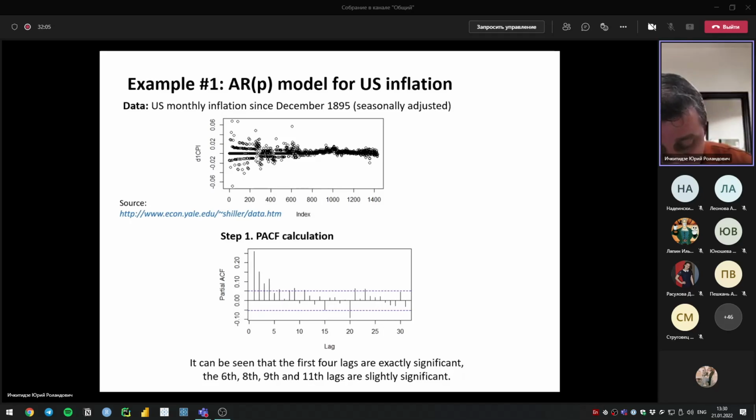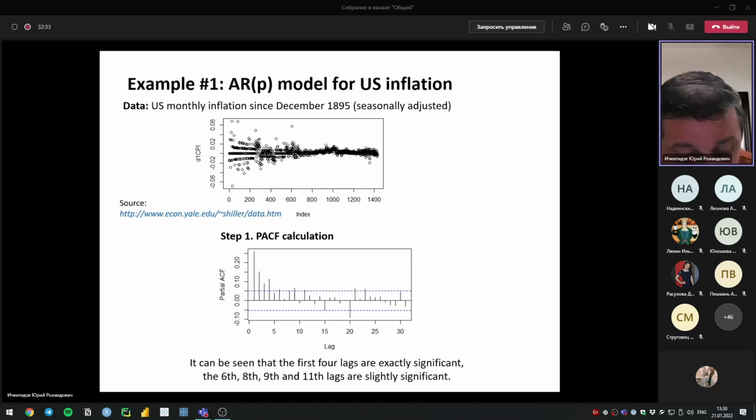But this inclusion of additional lags in the model is necessary for the theoretical purity of the model, in order to completely eliminate autocorrelation in residuals. But these distant lags will give practically nothing as an increase in forecasting accuracy.